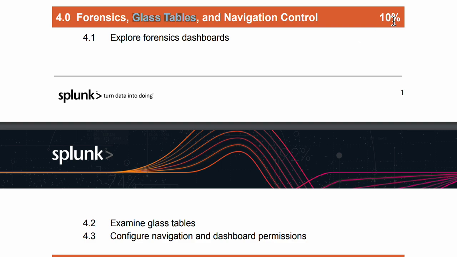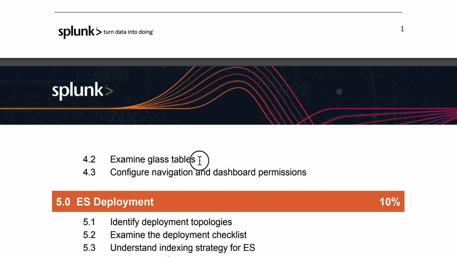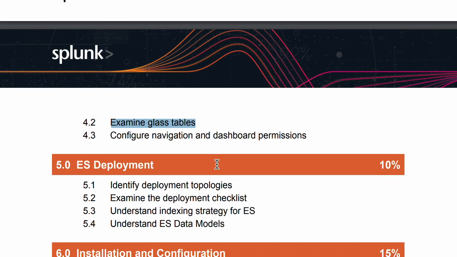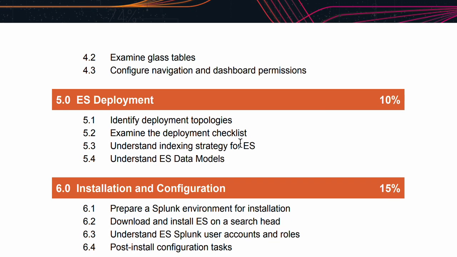Keep in mind it will cover 10% of total exam questions. Here it will ask you about exploring the forensics dashboard and examining the glass table. I doubt the glass table comes in; if the questions are updated, then definitely the glass table won't come here. Then configuring navigation and dashboard permissions. Whatever security posture or dashboards you see, you can configure them, and they will ask you about this.